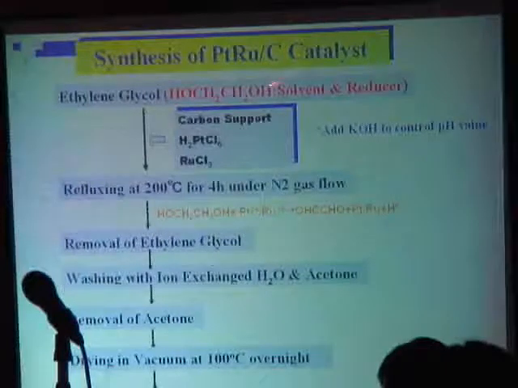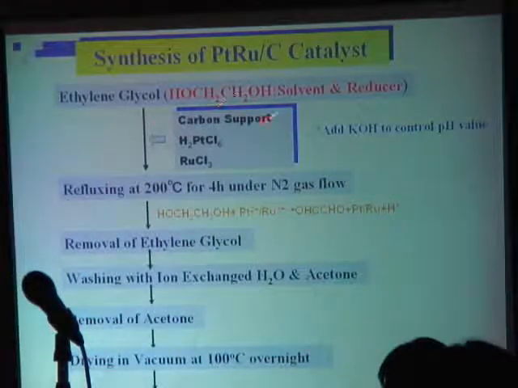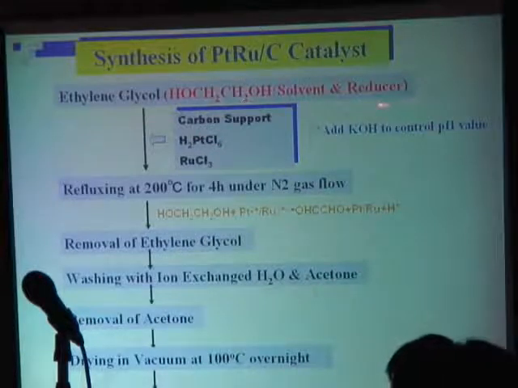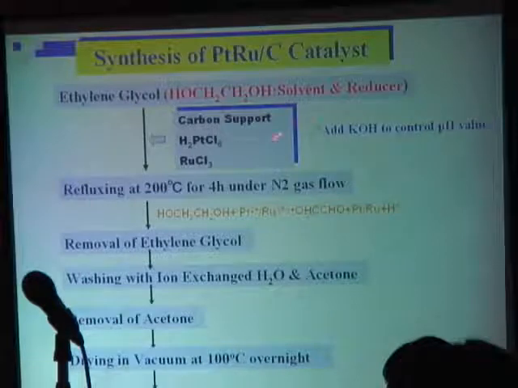This is the PtRu catalyst synthesis procedure. As you can see from the flow chart, the preparation is very easy. EG is used as the reducing agent, and we mix it with the carbon support and the PtRu precursor, and reflux under nitrogen flow at 400 degrees for several hours.